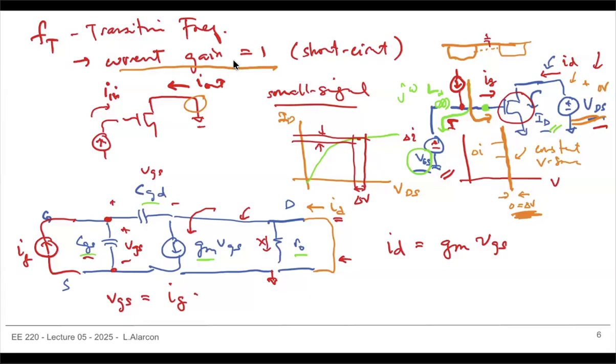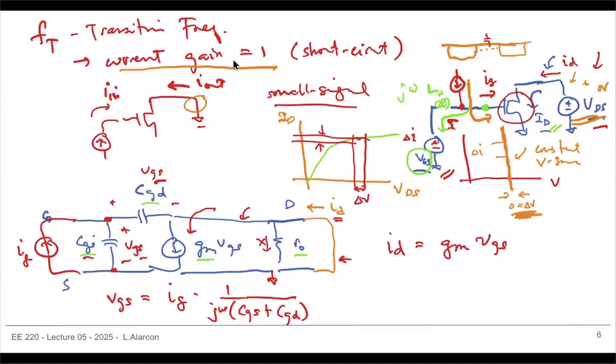Hopefully this is also clear, since these have the same voltage, CGS is actually in parallel with CGD. So I times the impedance of the cap is 1 over j omega (CGS plus CGD).